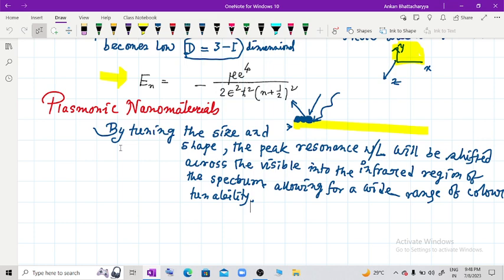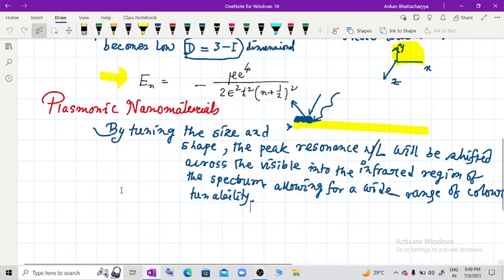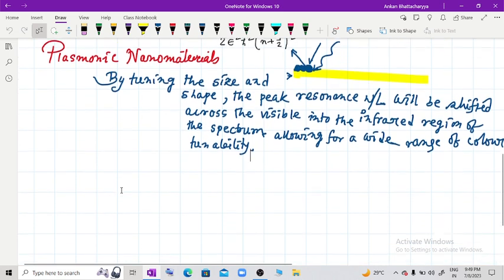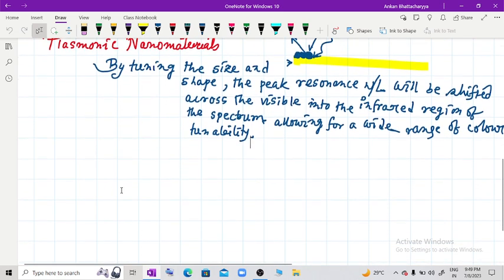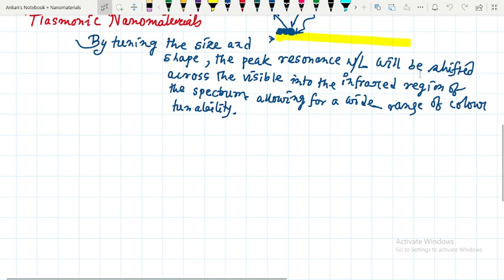The thing I am going to discuss next is quasi-particles. Before the discussion of quasi-particles, let me give you some time to understand the things that I have already discussed.